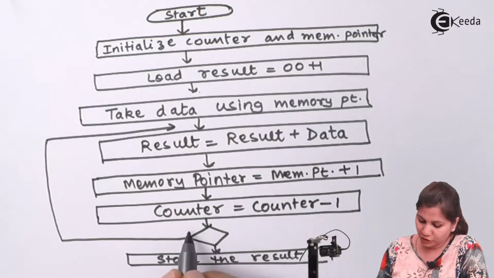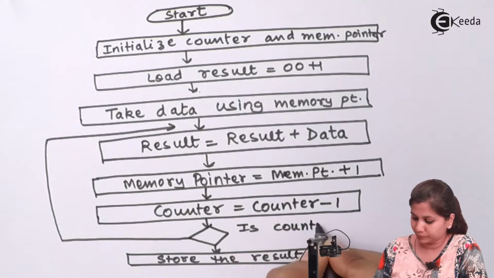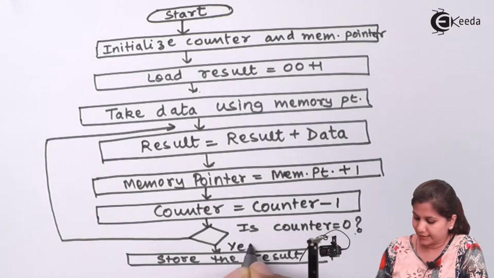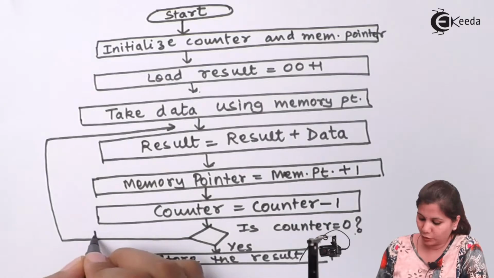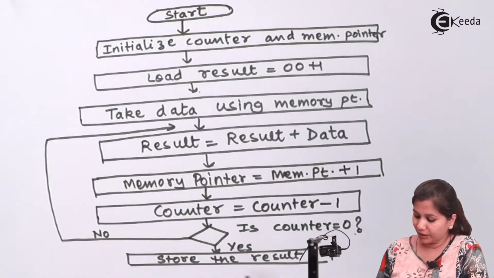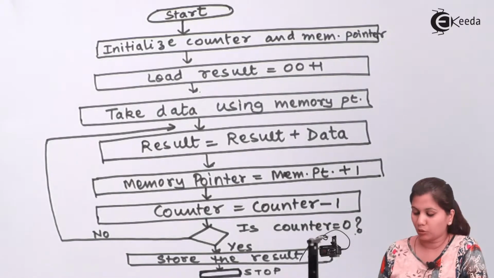So this is the decision place, that is counter equal to 0. If it is yes, then store the result. If it is no, then repeat the steps. And when we have stored the result, then we have the last step, which is the stop. Stop is again shown in the oval shape.